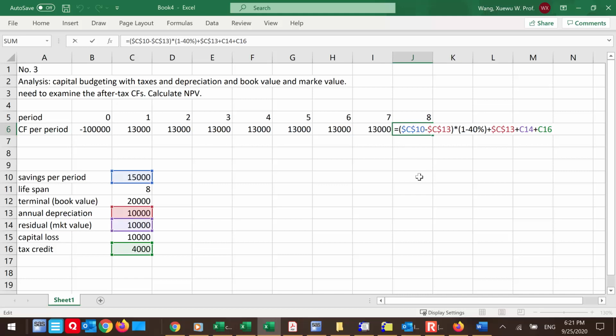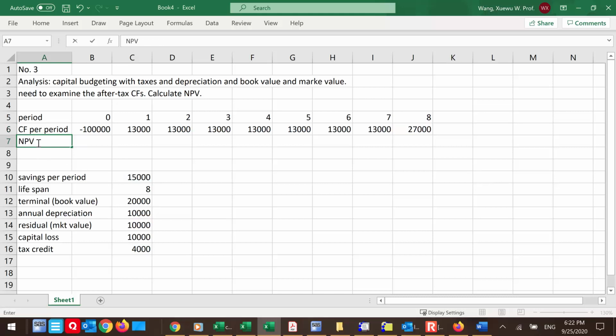It has the annual savings minus the depreciation, and then you pay tax, and then you put back depreciation. That's the first term here. And then you also have the market value of the machine, so you can sell the machine for only 10,000, and because you realize the capital loss, you're going to claim a tax credit. So that is 27,000.